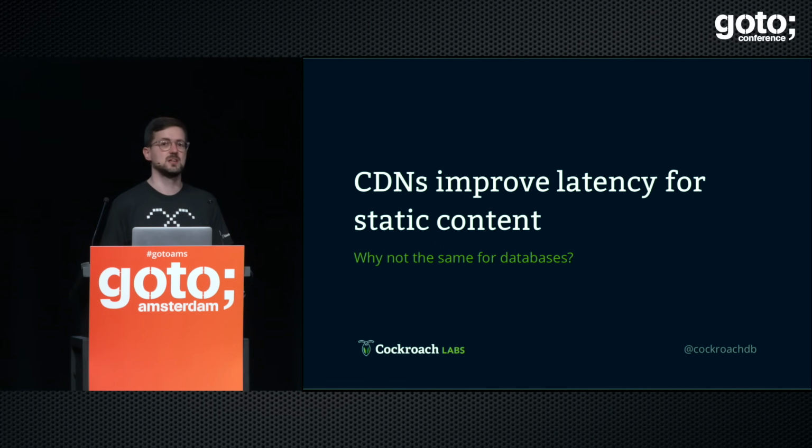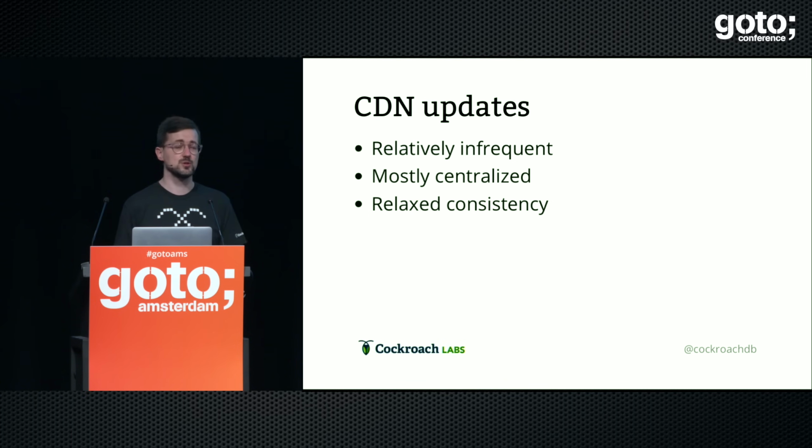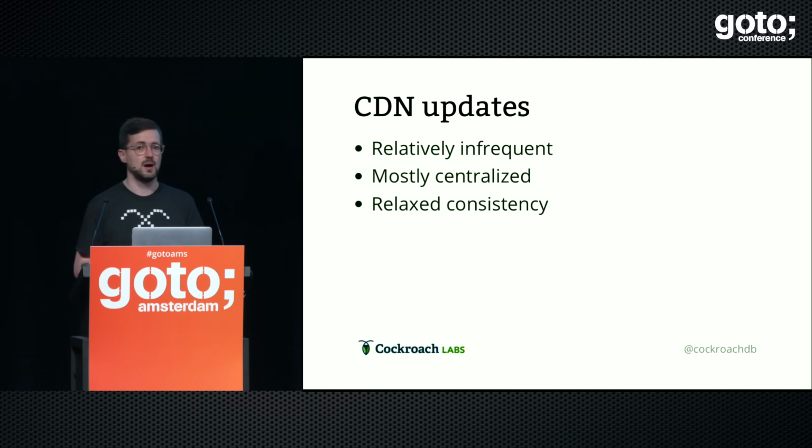Now, why are databases different? Why do we still have this problem for databases? Well, the first reason is that it comes down to how this data gets updated. A content delivery network is used for mostly static content. It can be updated frequently, many times a day potentially, but that's still not very common in the grand scheme of computer speeds. And it's also a mostly centralized process.